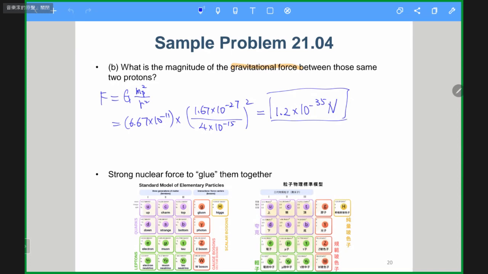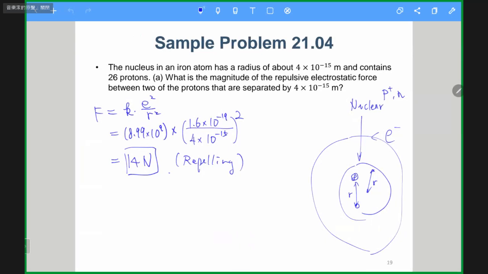So up till now, the story is that, of course, we know there is something called the electromagnetic force. Of course, this is only the electrostatic force, but in physics, they separate the forces into 4 types.